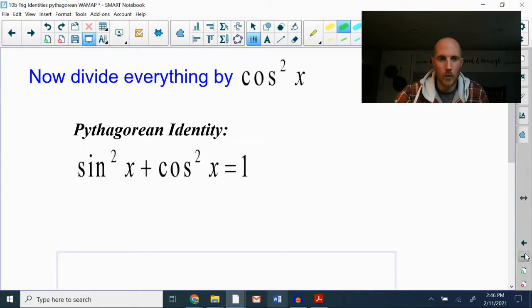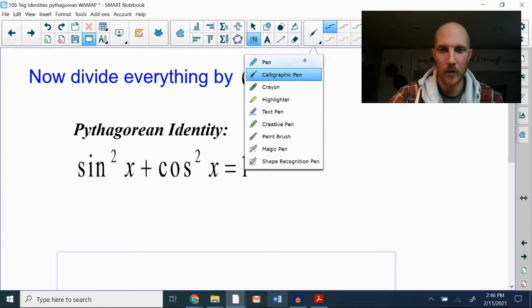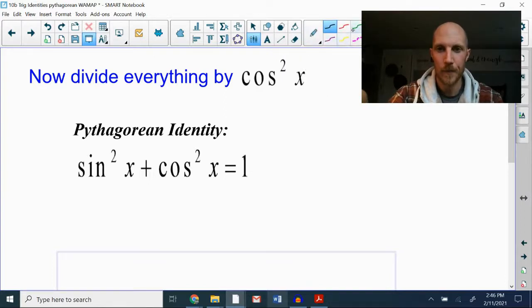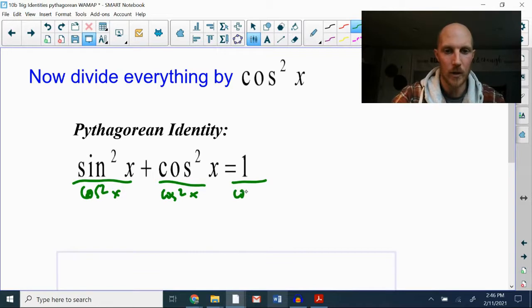Next, we're going to go back to the original version of the Pythagorean identity, and this time we're going to divide each of those terms by cosine squared of x. Oops, wrong pen. Okay, so I'm going to divide by cosine squared of x. I'm going to divide by cosine squared of x. I'm going to divide by cosine squared of x.